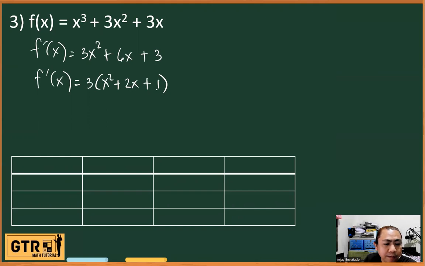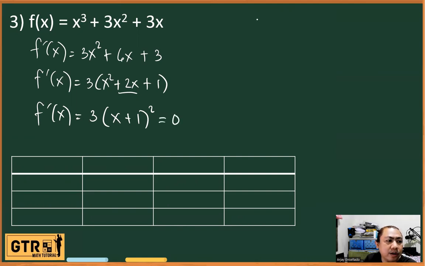Then this is a perfect square trinomial. So therefore, f prime of x is equal to 3 times (x plus 1) squared. Because the middle term is twice the product of the square root of the first and the last term. Square root of x squared is x, square root of 1 is 1, times 2, so that is 2x. So therefore, it can be written as the square of the binomial, (x plus 1) squared. Okay, so now we only have one critical number. So to solve for the critical number, just equate to 0.